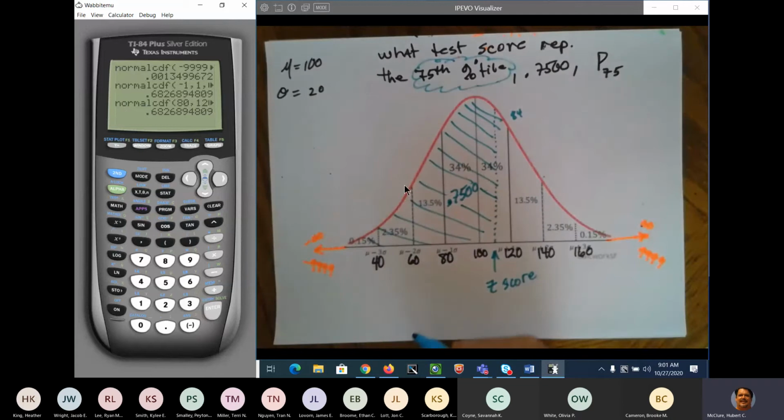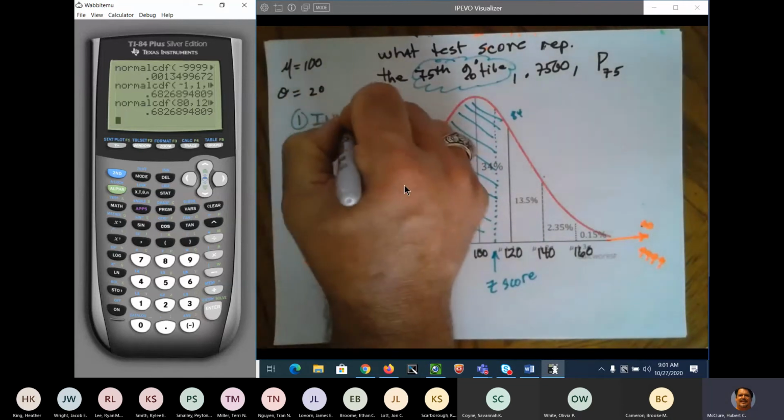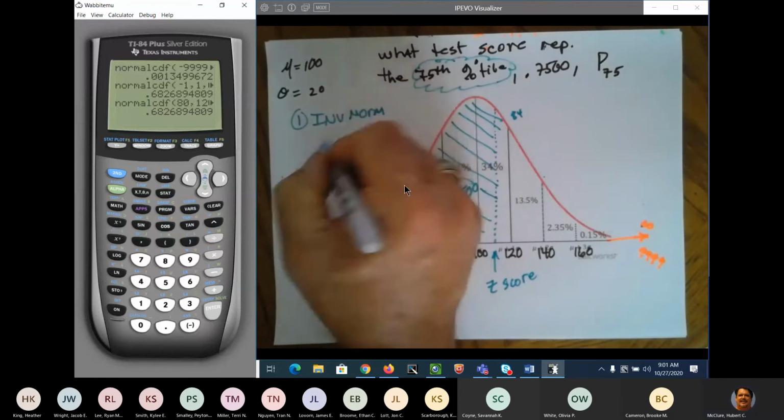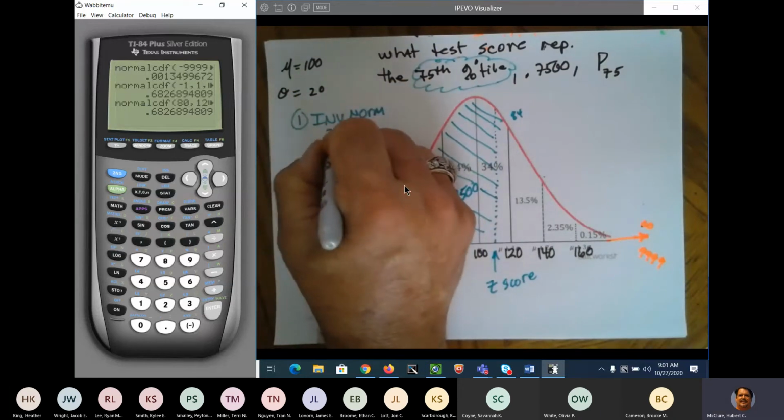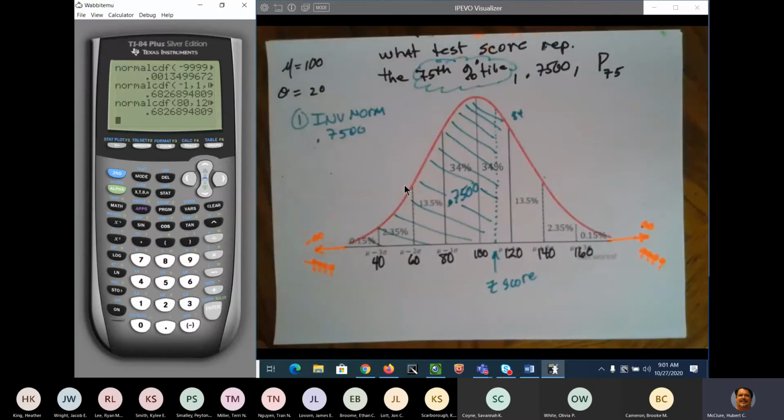So we've got to do inverse norm, inverse norm, and 0.7500. So I'm going to go ahead and do that with an old calculator.